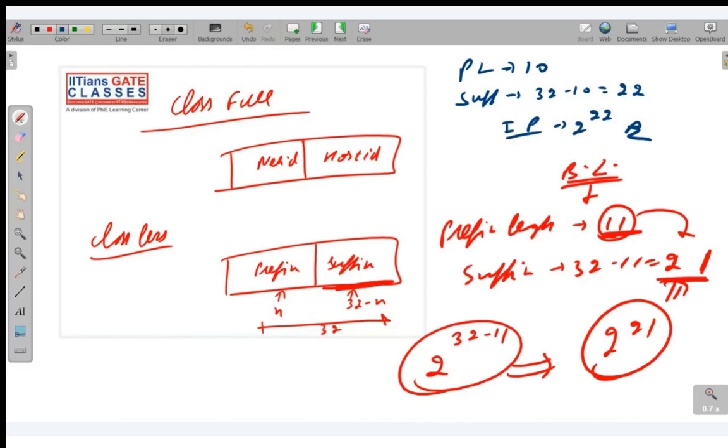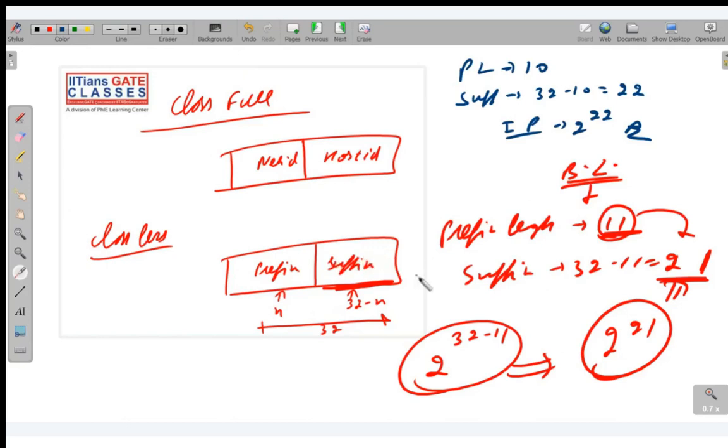So the final conclusion is, if prefix length is more, then obviously suffix length will be less, so the number of IP addresses in that block will be less. But if prefix length is less, then suffix length will be more, so the number of IP addresses in that block will be more.